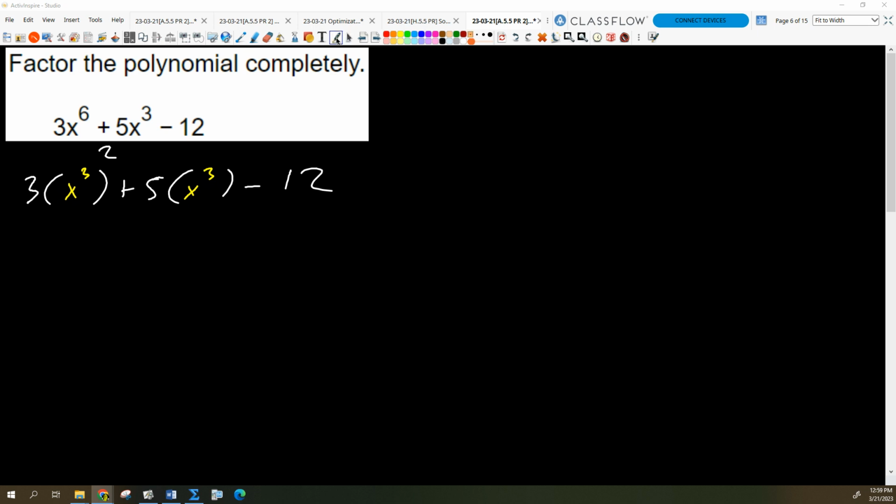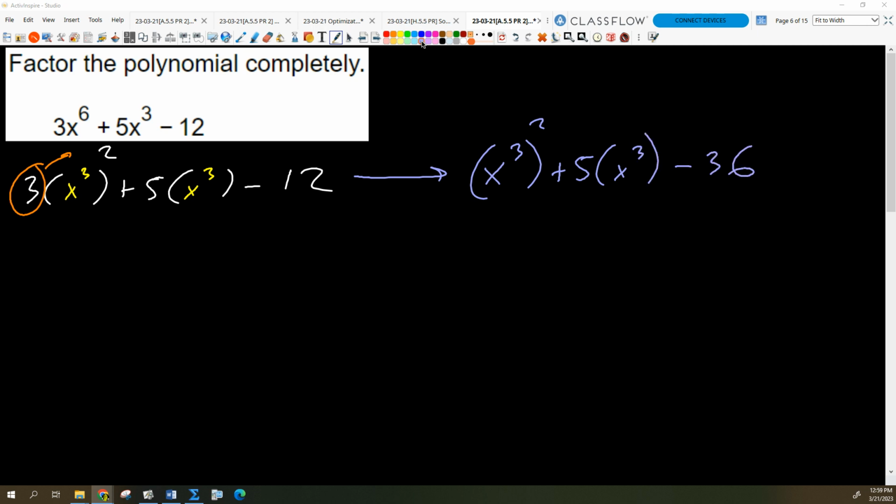Okay, so we're going to do a little side work then. We're going to go over here. We're going to go ahead and slip the 3 over and multiply by the 12. So that gives me x cubed squared plus 5x cubed minus 36, right?